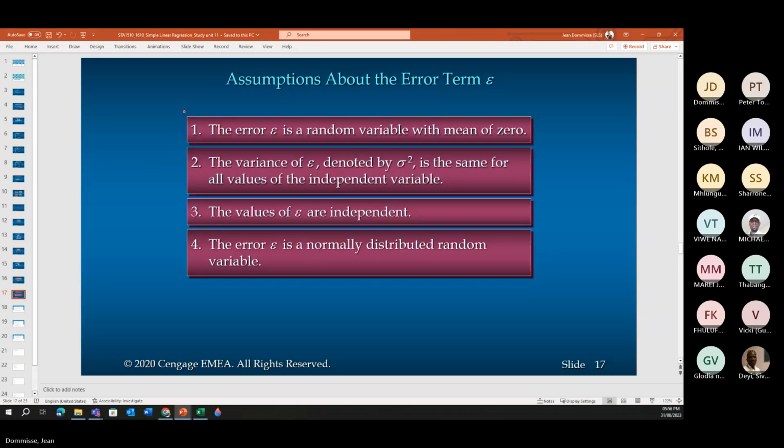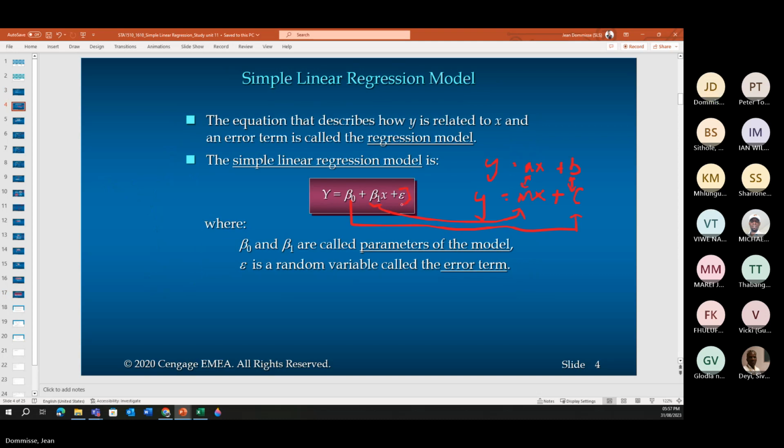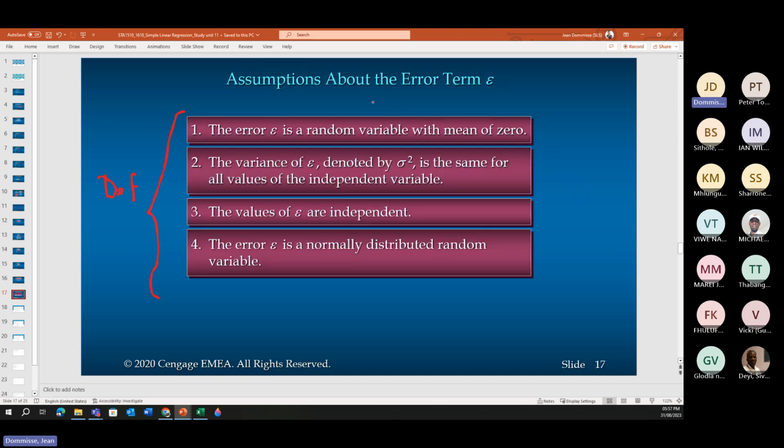Okay, and then another thing that they can ask nearly as a definition question is what assumptions we make about that error that was always available in that original formula. So they can ask you in a definition what assumptions of the error term are correct, or pick the one that is not correct.